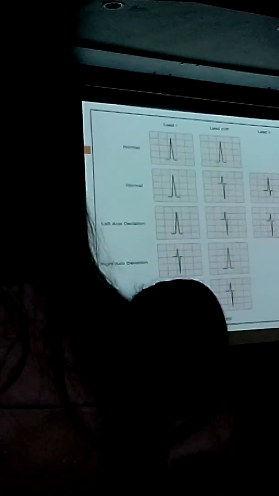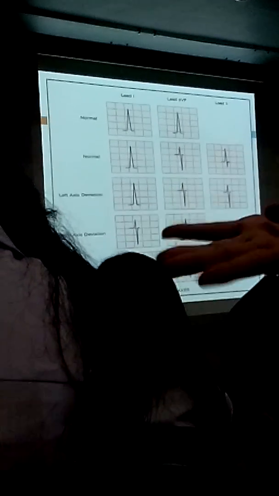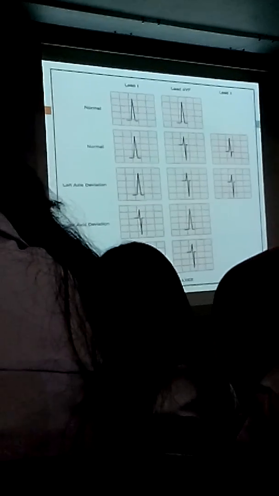Basta you have to remember that when you talk about the axis, you think of 2 leads, lead 1 and aVF. You cannot really conclude that it's in the normal axis, then you can take a look at lead 2 to confirm that you really have a normal axis or not.